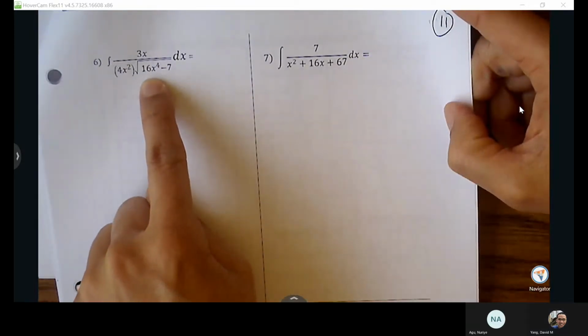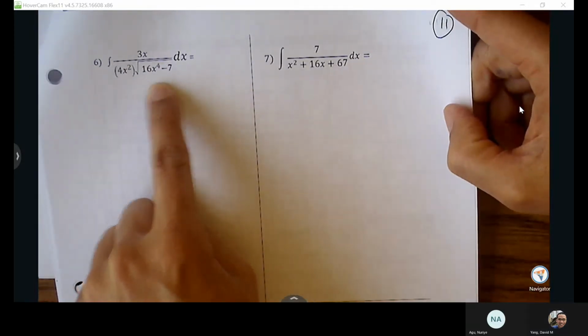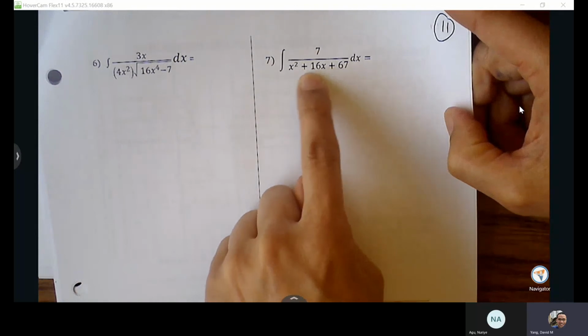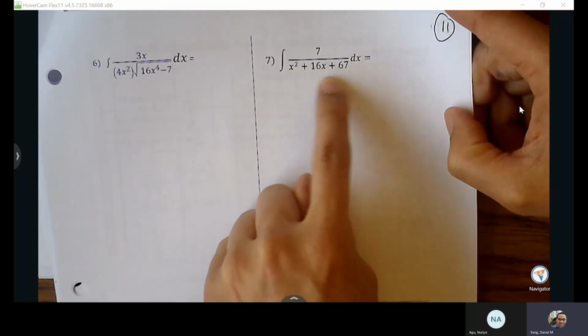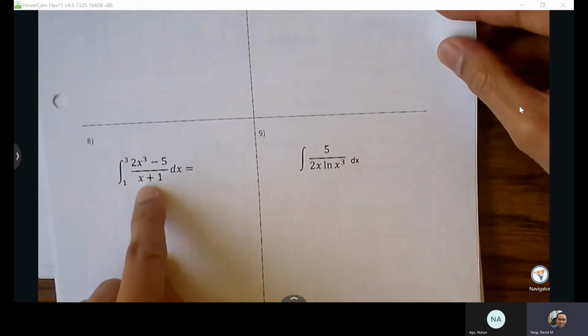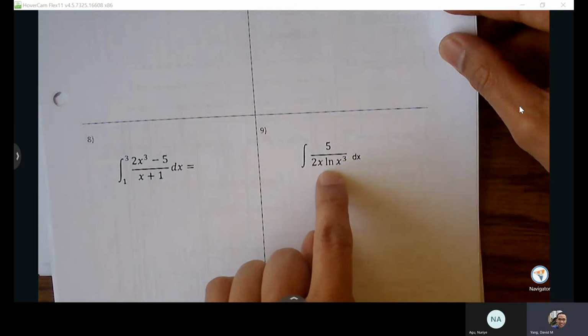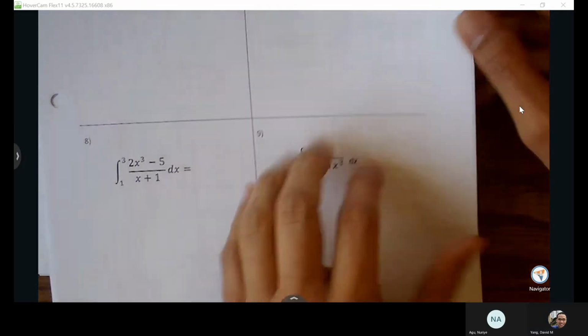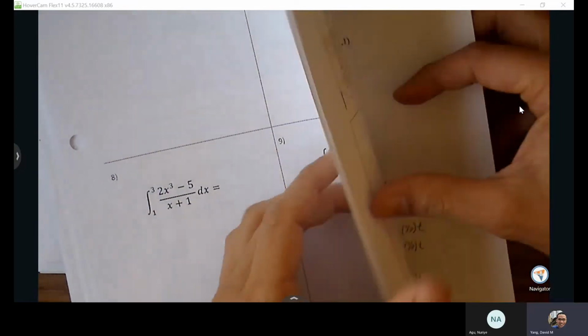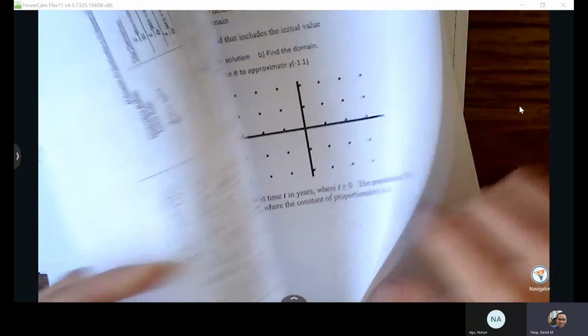Arc trig. Arc trig involving completing the square. Synthetic division. Use substitution. Yeah, so those are the major big ones.